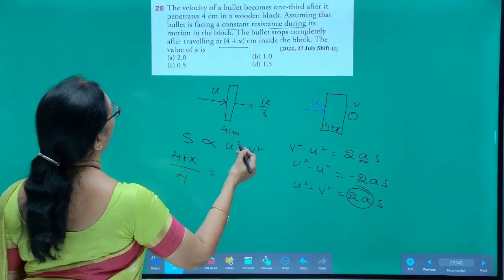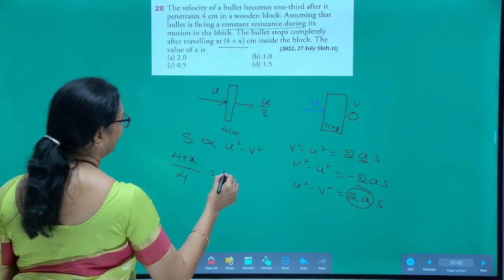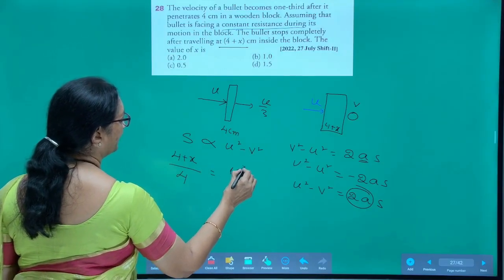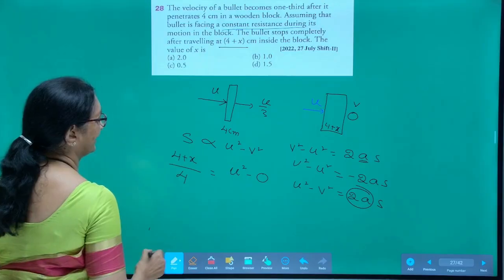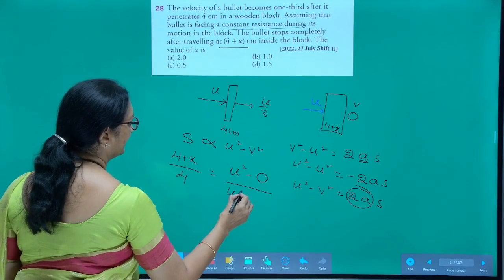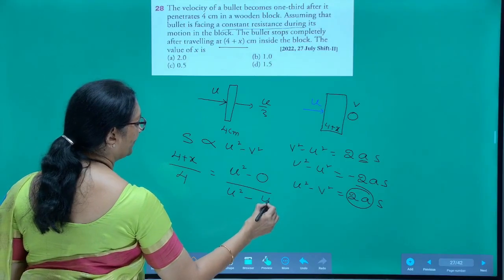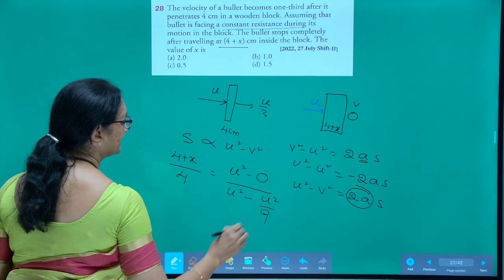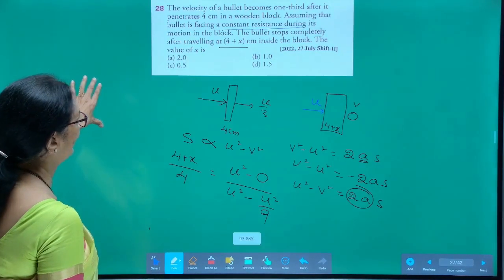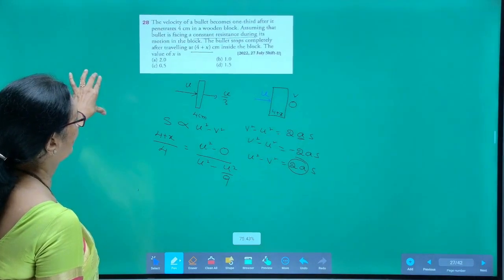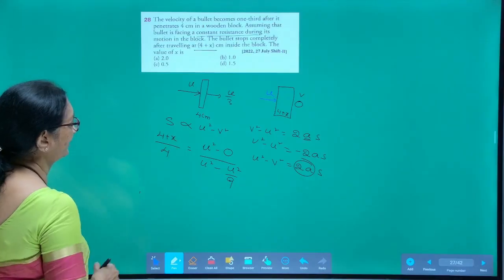U square minus v square. In the second case, u square, final velocity is 0. In the first case, u square minus u by 3 whole square, that is u square by 9. Simplify this carefully, you have to find out x here.